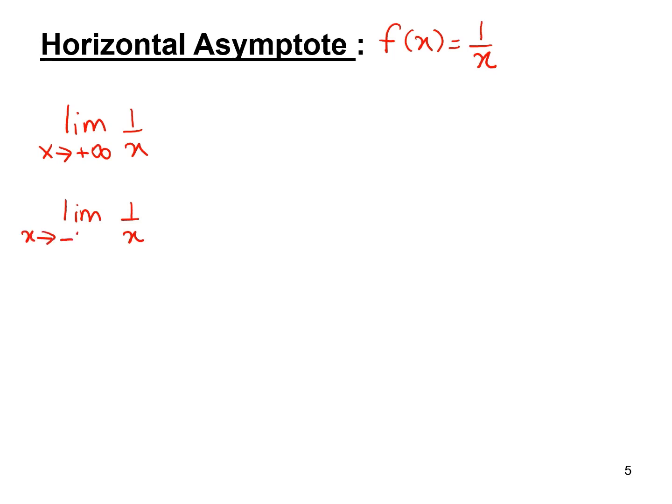How do we find horizontal asymptote for the function f(x) equals 1 over x? We need to test the limit of 1 over x when x tends to positive infinity and the limit of 1 over x when x tends to negative infinity.